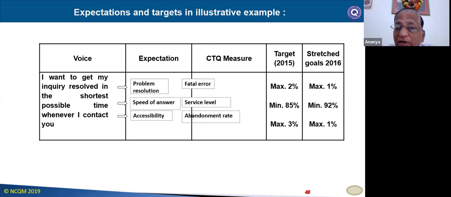So problem resolution, speed of answer, and accessibility. On that basis, I'm going to evaluate, what is my service level? I will increase the service level, reduce problem resolution time, and reduce the abandonment rate, where the customer leaves because he never thought he would get anything out of this.